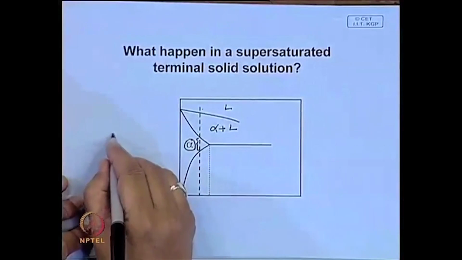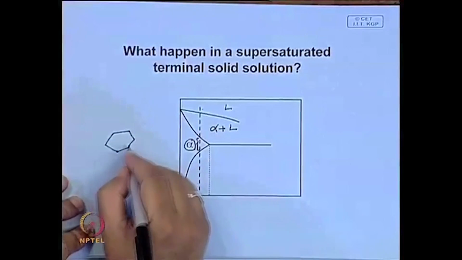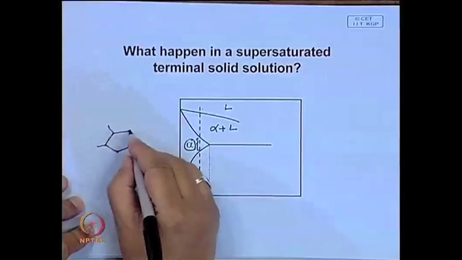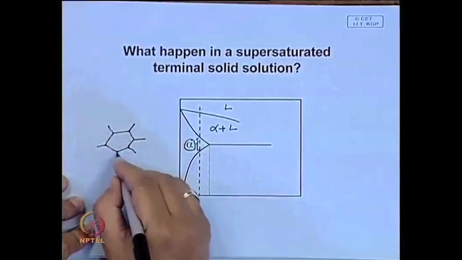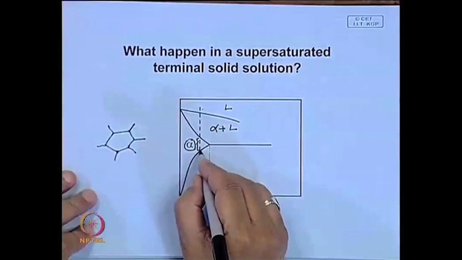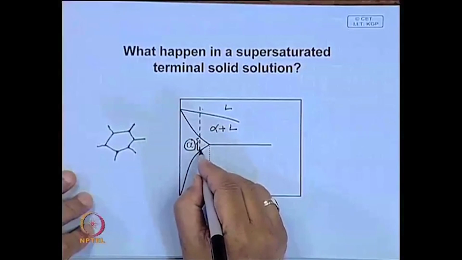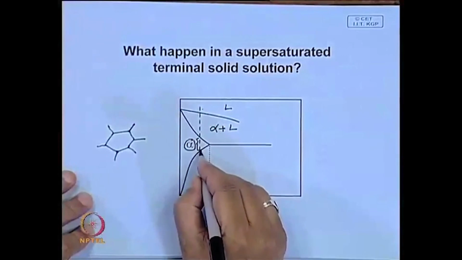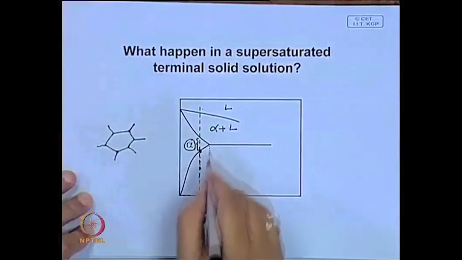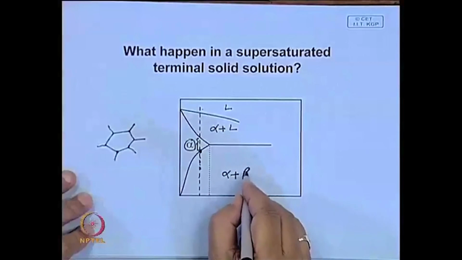So, that means you only have the grain boundaries of alpha in the microstructure. Now, what happens when the temperature goes below this solubility limit? Here the stable structure is alpha plus beta.